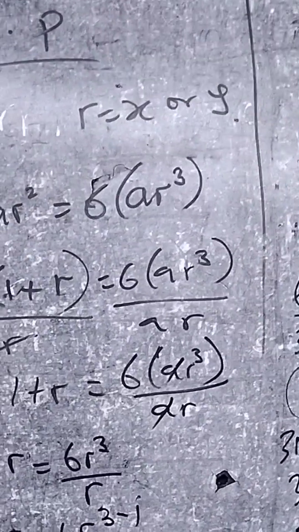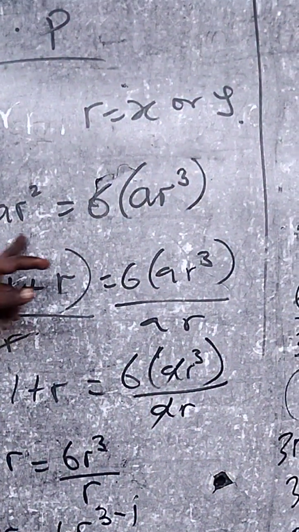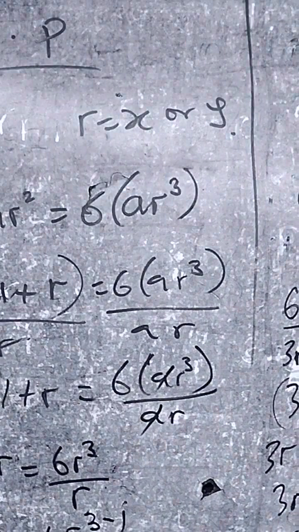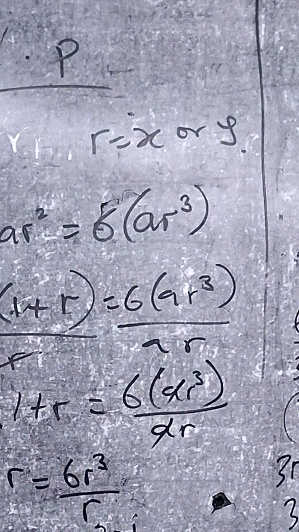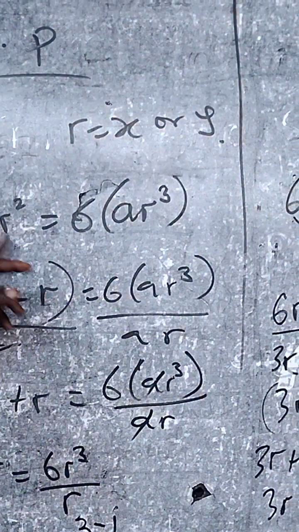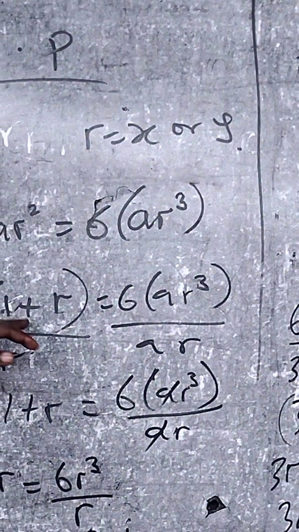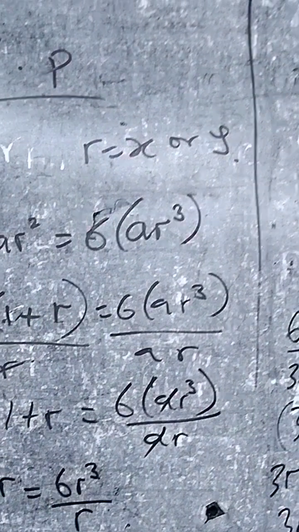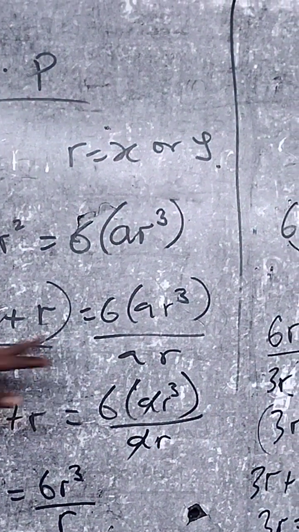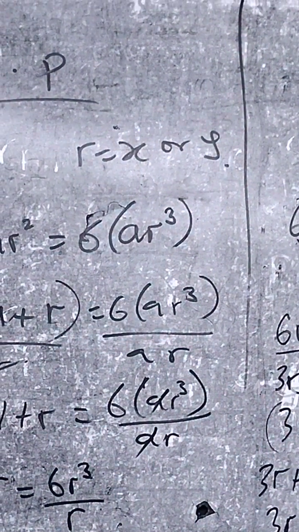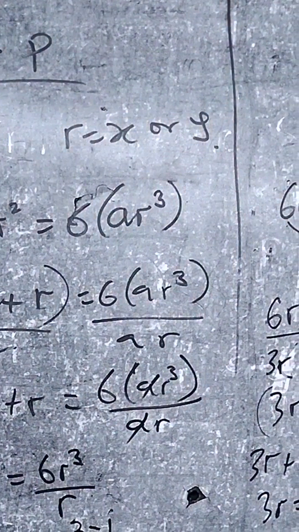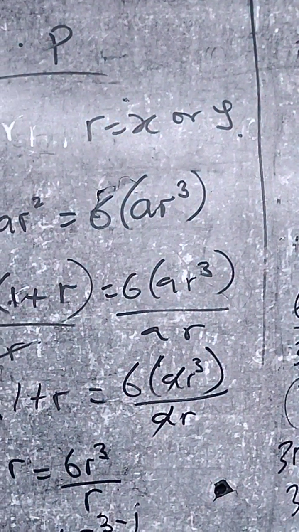Now you are going to factorize the left hand side. A is common to the two terms, R is common. Bring A and R out. It will remain 1 plus R in the bracket. Then divide both sides by AR, because AR is the common term to the two.